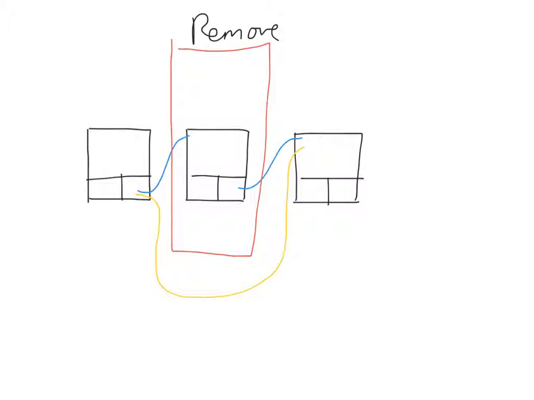So what I'm doing is wiping out the connections that already exist between the first element and the second element, and the second element and the third element. Now I can safely delete, dispose of the element that's within the middle section, and the rest of my linked list structure will stay intact.